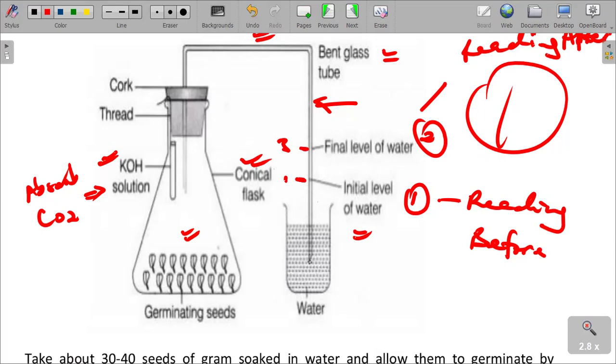So the ability of the water to rise is because of a vacuum that is created in this bent glass. A vacuum is created here, and then what happens with the vacuum? It causes the level of water to rise.